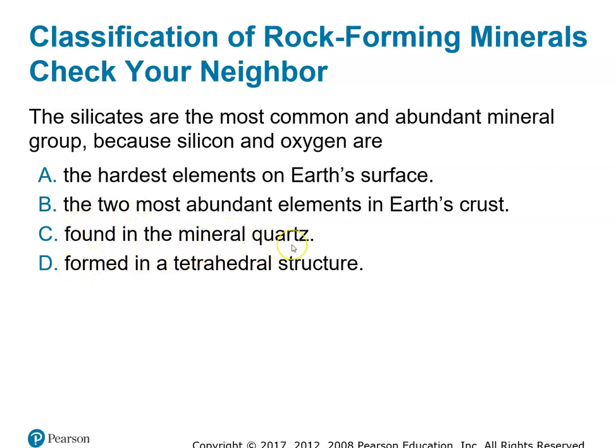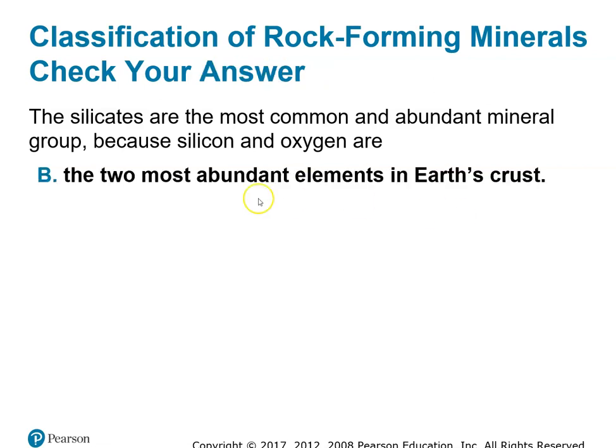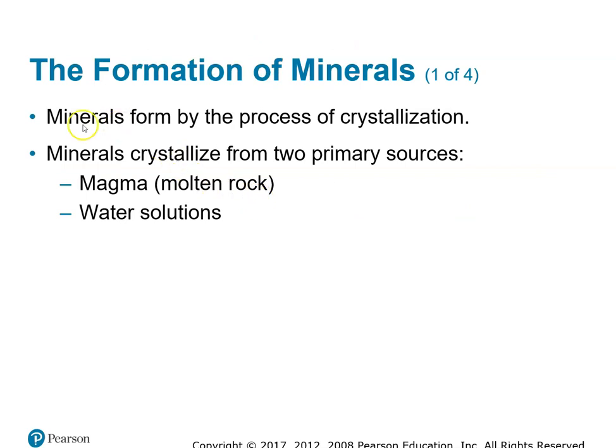Well, that is true, but that's not why they're so common. Although quartz is almost half the rocks you come across, and they do form a tetrahedral structure. So really, the reason that they're so common and abundant is oxygen and silicon are the two most abundant elements in the Earth's crust. All right, let's move on.